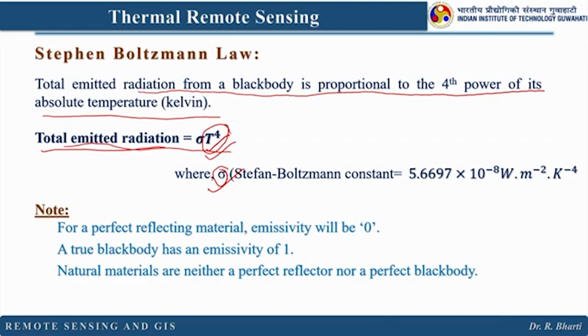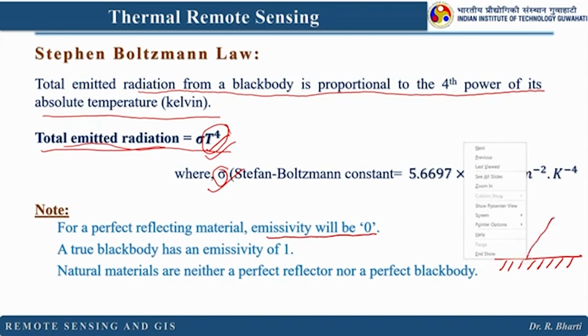So let us understand why, for a perfect reflecting material, emissivity is 0. If this is my target, or this is the surface which has been illuminated by this particular source, some amount of energy will get reflected, some will get scattered, some will be transmitted, and some will be absorbed.